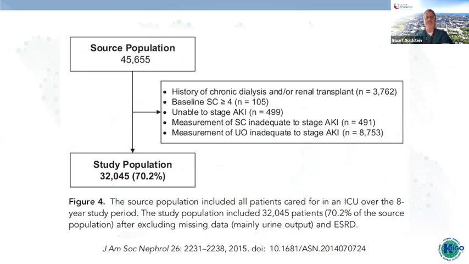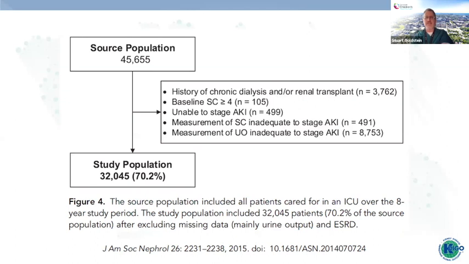And their source population was about 45,000 patients. They excluded a number of patients because they had an elevated creatinine above 4, or a history of chronic dialysis, or they had inadequate urine output assessment or serum creatinine assessment to stage AKI.